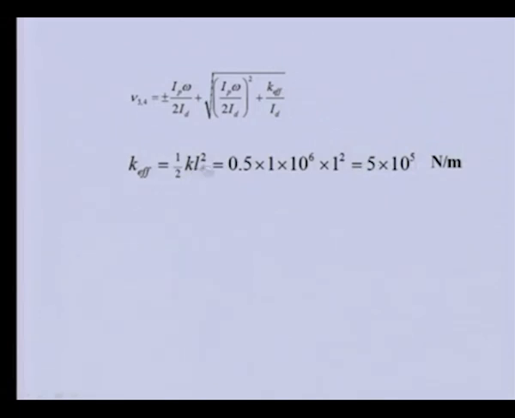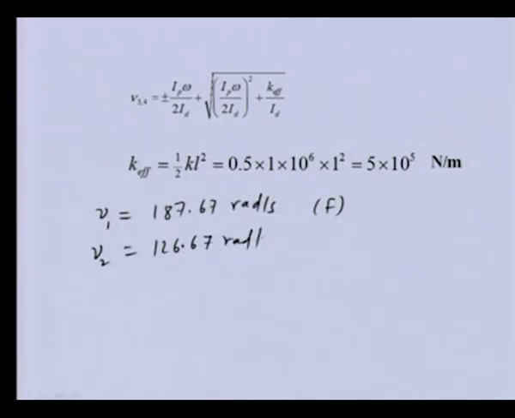If we substitute the previous moment of inertia, the spin speed and this effective stiffness in this expression, we will get the forward whirl frequency as 187.67 radians per second, and the backward whirl frequency, which will be less than this, 126.67 radians per second.